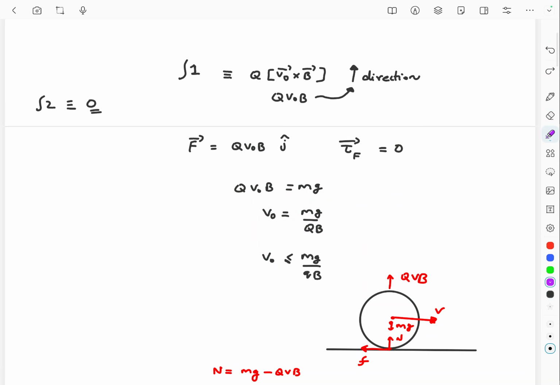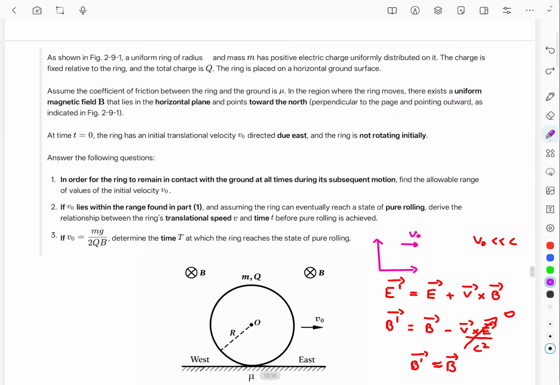So the speed V0 needs to be smaller than mg by qb, otherwise it will lose contact with the ground. If it is greater than mg by qb, then this qvb will be greater, which means the ring will start accelerating along the y direction. So that is the answer to the first question: the initial velocity V0 should be less than or equal to mg divided by qb.